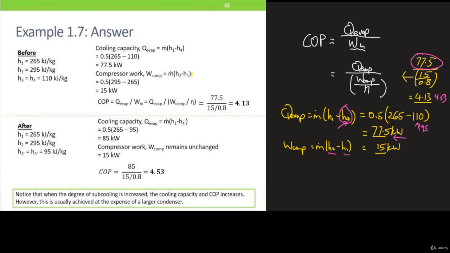So now let's try one more question, a continuation from the last example, which is example 1.2.7.